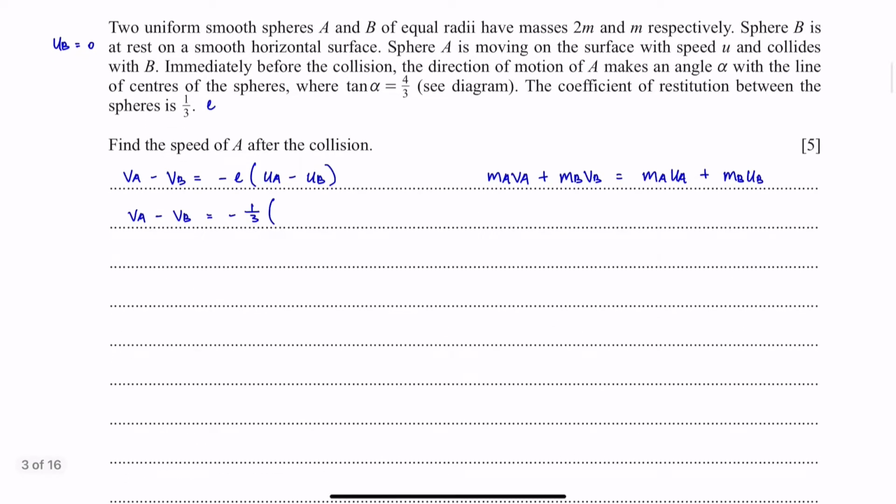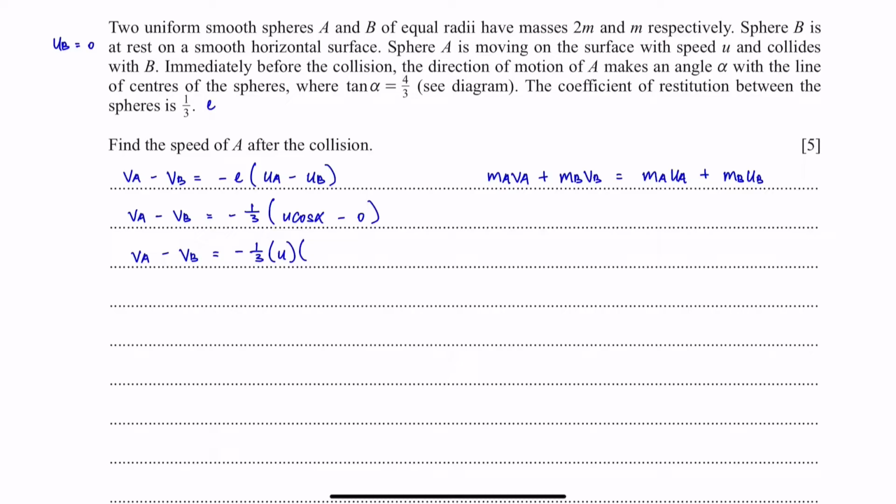So we have UA equal to u cos alpha, and UB is 0. So we have VA minus VB equal to negative 1 over 3 times u cos alpha.